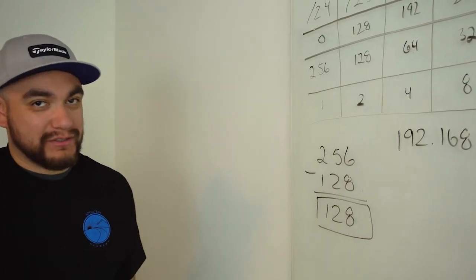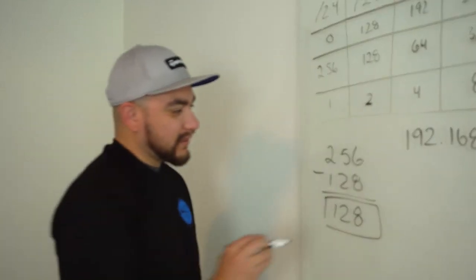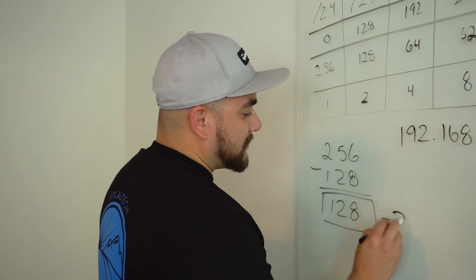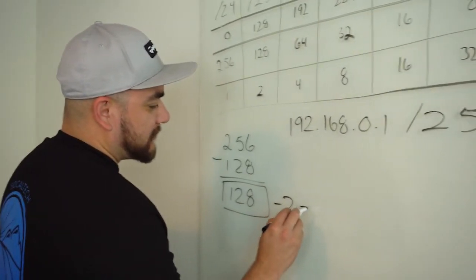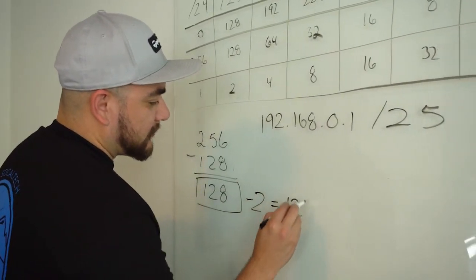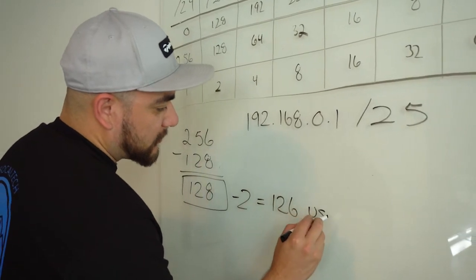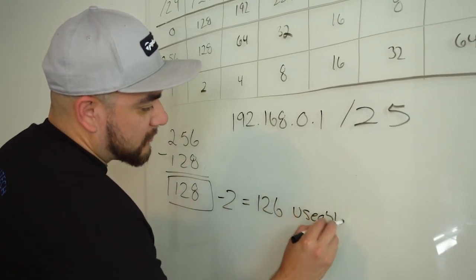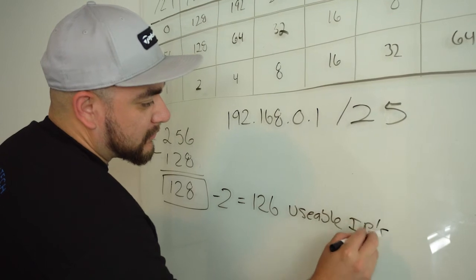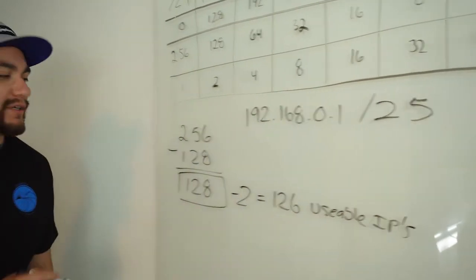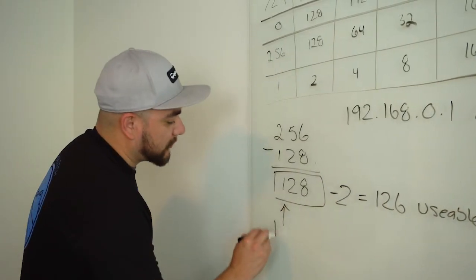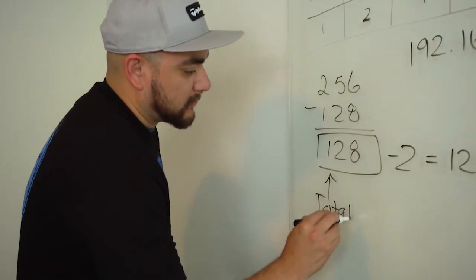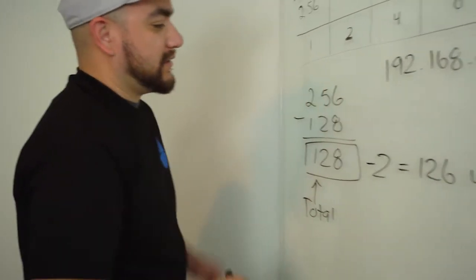Total number of IPs. Don't forget that. Now what you do is you subtract 2 to get usable IPs. Okay? There's a big difference between total and usable IPs. Okay?